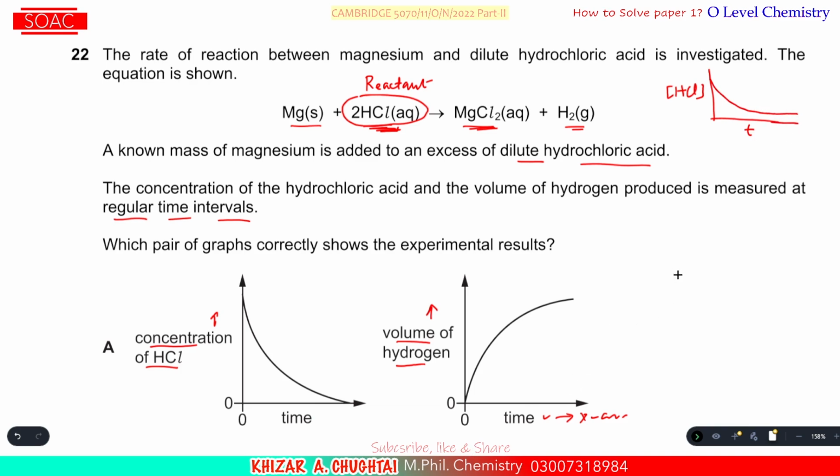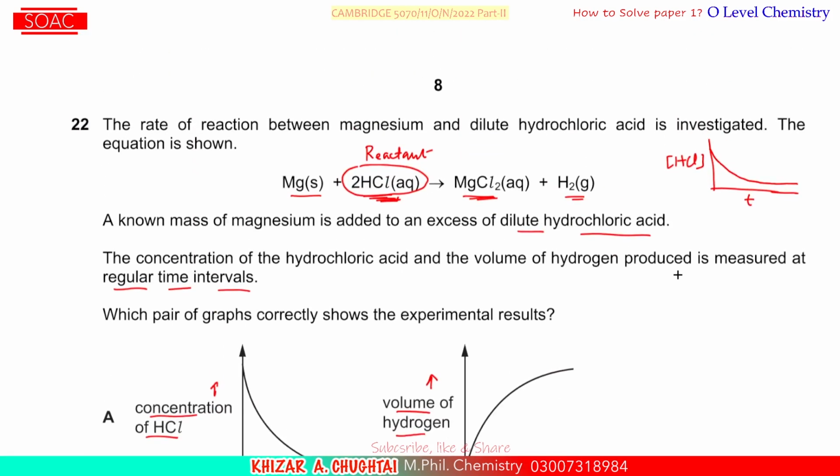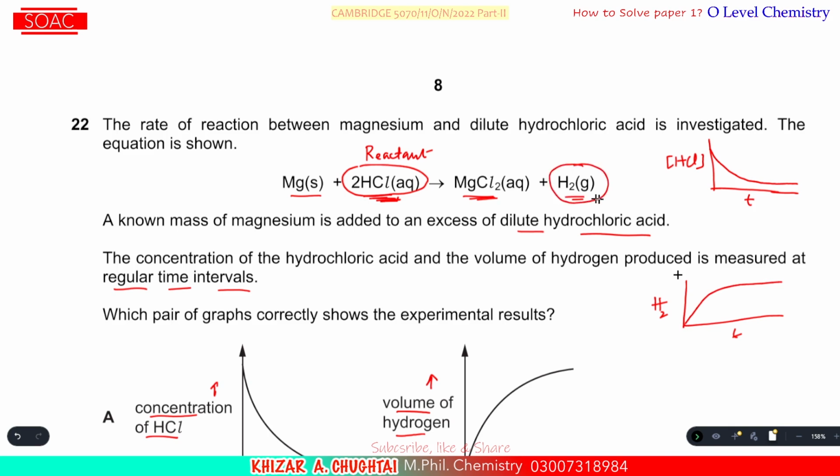The second thing is the volume of hydrogen. The H2 volume versus time graph should be like that, as it behaves like a product. So the concentration or volume of a product versus time is an increasing pattern, while the concentration of reactants versus time is a decreasing pattern.